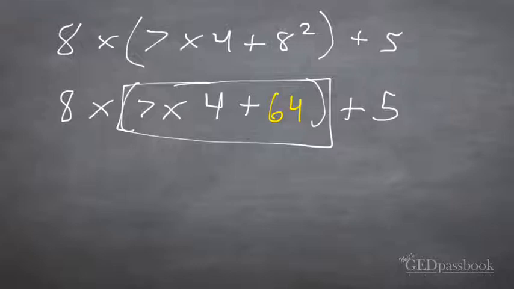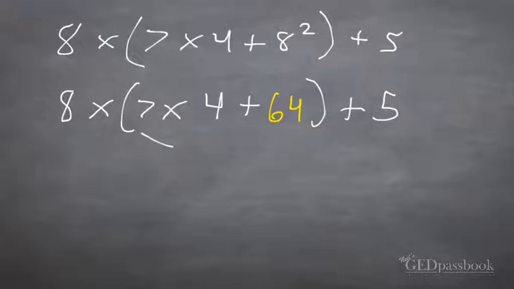Still being inside those parentheses, what must I do first? 7 times 4 or 4 plus 64? 7 times 4. What does 7 times 4 become? 28. So guess what? You rewrite everything, your new problem.